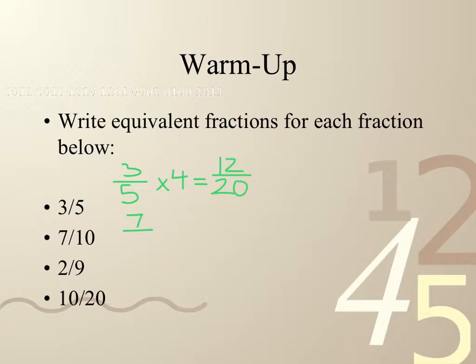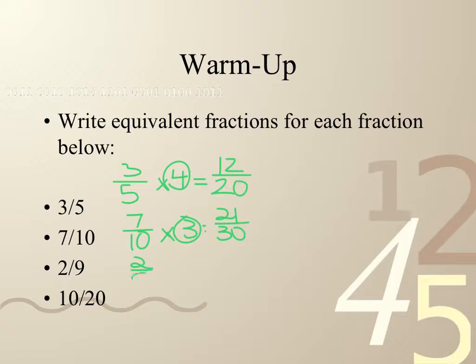For 7/10, I think I'll choose a multiplier of 3. Again, I can't do a divisor because the only common factor they share, 7 and 10, is 1. So if I multiply by 3, I end up with 21/30. This number, the multiplier that I'm choosing, can be any number in the world, just as long as you multiply both the top and the bottom by that number.